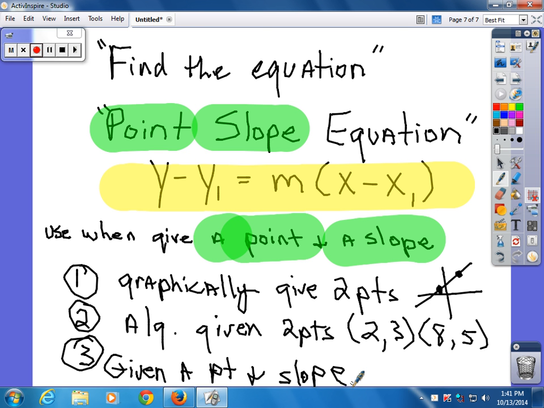Slope, and then you have a point and a slope to put into a point slope equation. This one, you have a point and a what? Slope. These, you don't have slope. So these are the ones that you got to put an extra step in. This one's the easiest because it's already given.